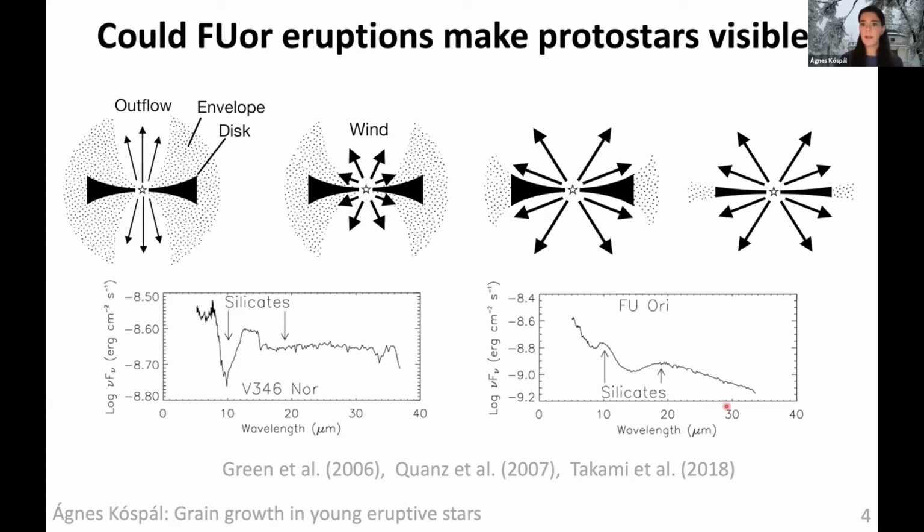But we can also find FUors in more evolved, almost disk-only sources, where we have a direct view of the disk surface, and these objects obviously show the 10-micron silicate feature in emission. So this outlines a kind of an evolutionary sequence that is driven by the eruptions.